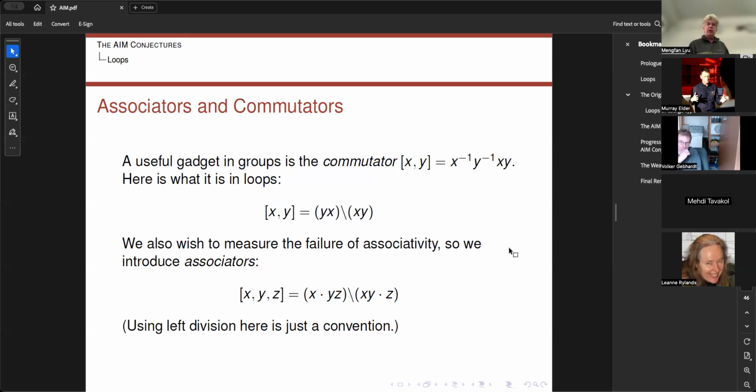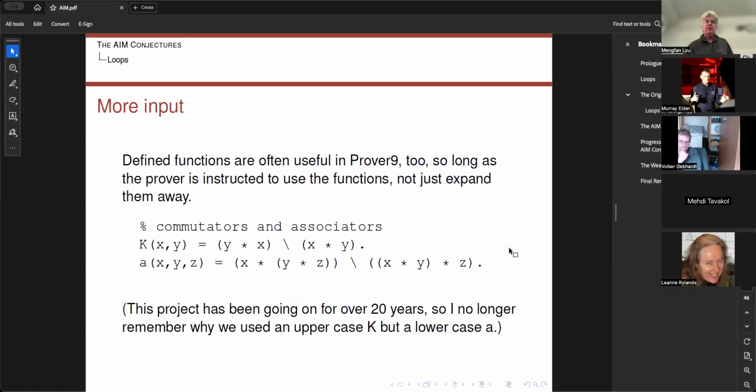Commutators and associators are very useful, and you can use them as defined functions in Prover9 or any automated theorem prover. In general, automated theorem provers will work well with defined functions as long as you specify to the prover that you would like it to actually use your defined functions when it does a search, as opposed to just expanding them away and forgetting them.